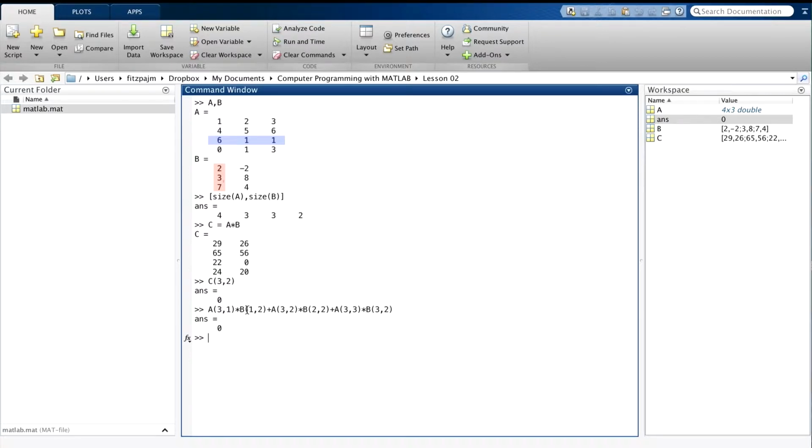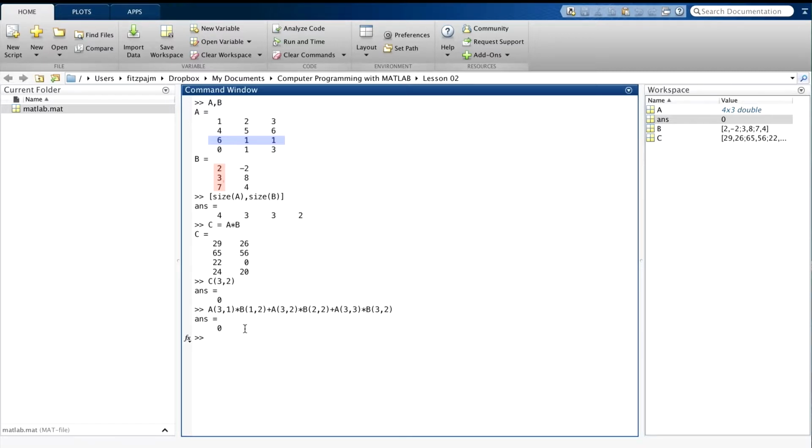And it's the same for the A and the B. It ranges from 1 to 2 to 3. It ranges across the entire width of A and height of B. The products of these pairs of elements are then summed to get element 3, 2 of C.